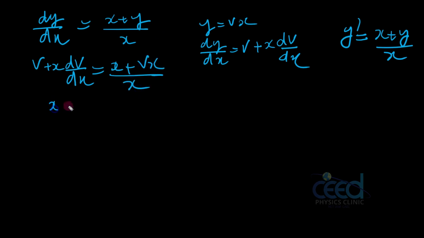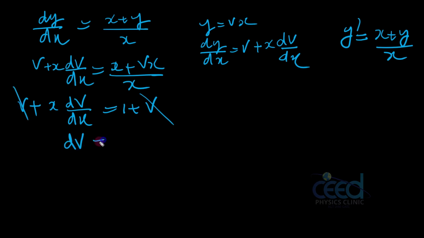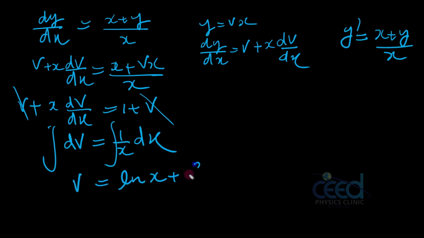So x dv by dx, and here I can keep v, here x I can take out, here also x, then they cancel, so 1 plus v, and this v we can cancel. So I can write dv is equal to 1 by x dx. Now it is a variable separable form. If I integrate, I will get v is equal to log x plus c.